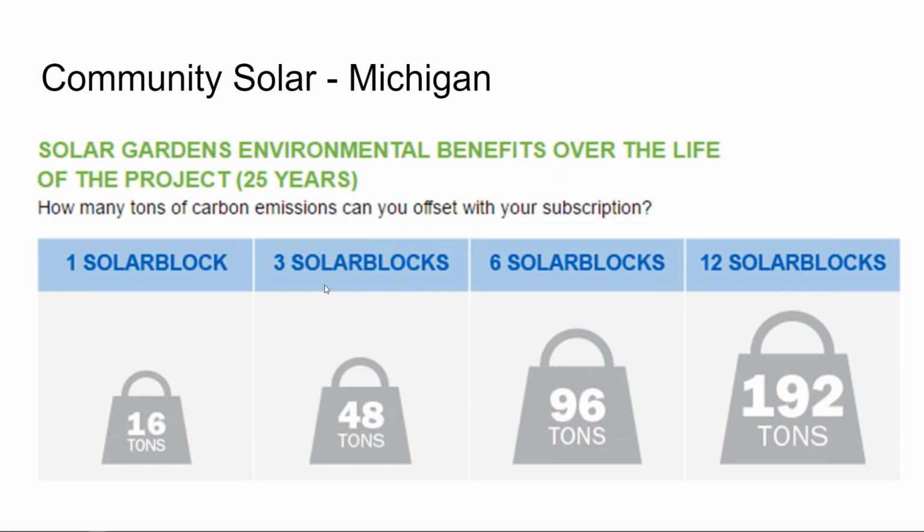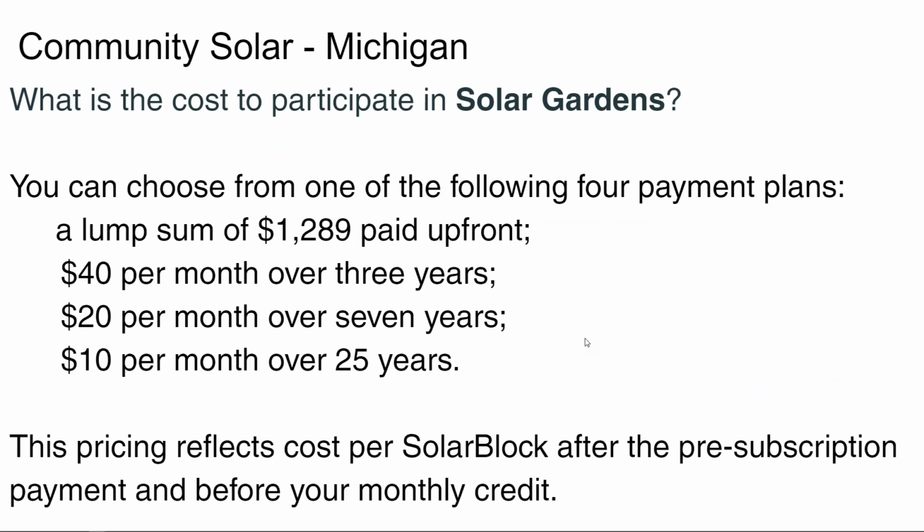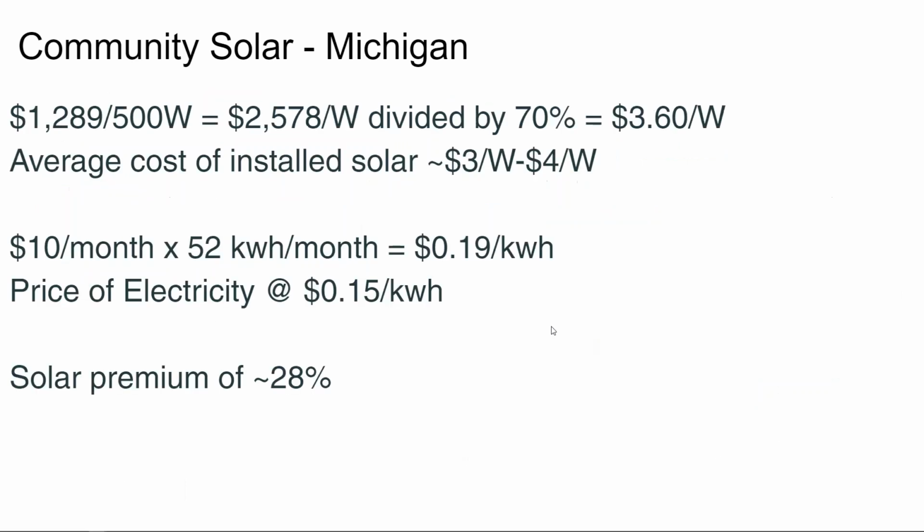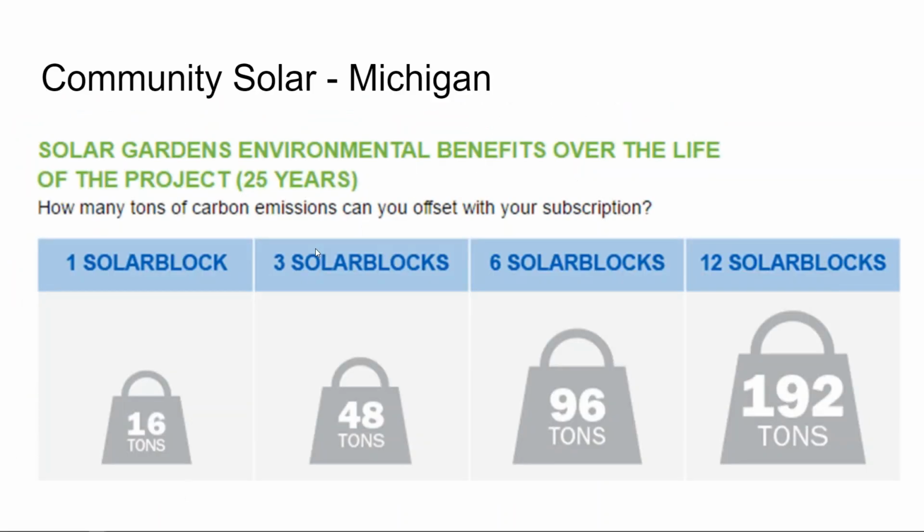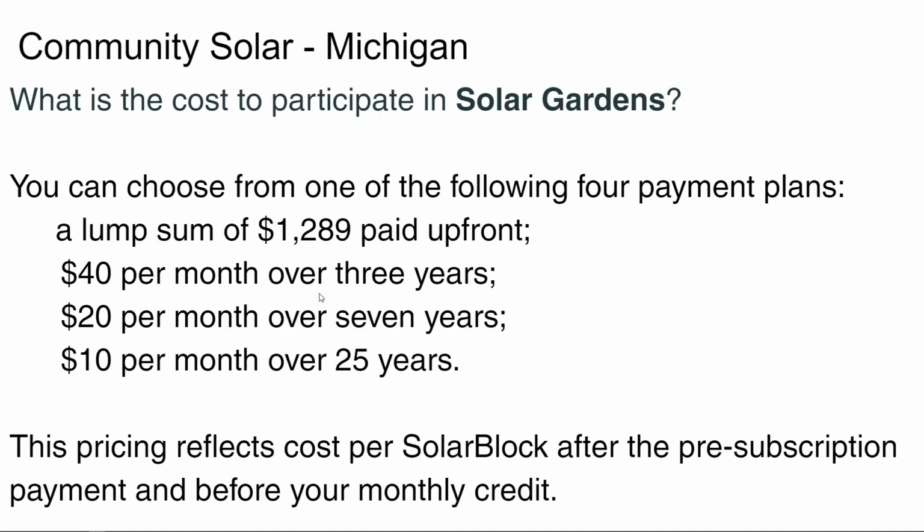Michigan says we're going to sell solar blocks, and one block of solar is equal to 500 watts of solar. So it's almost two solar panels to one subscription block.